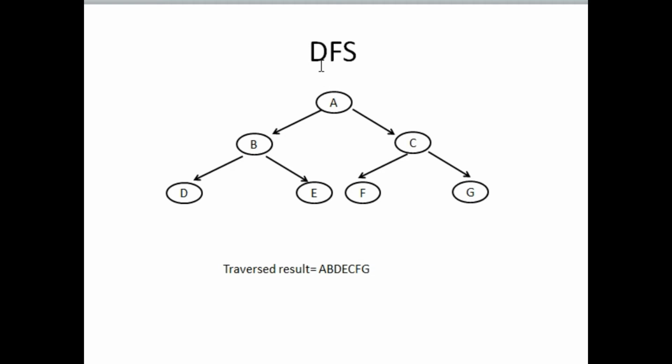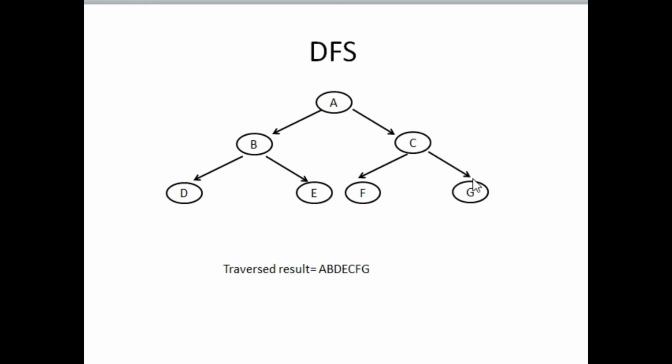So depth represents the branch. It will traverse the first branch, then the sub branch, and then the second branch. It will traverse A, then B, then D, then E, then C, then F, and then G.